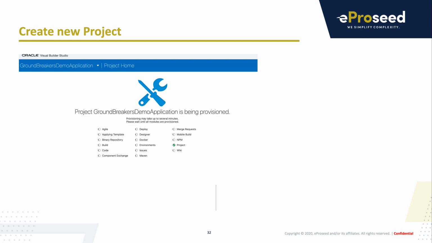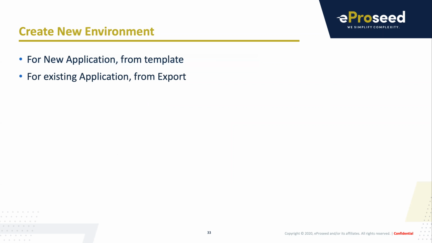So after the project is there, you need to create a new environment. You can create a new environment for a new application, but also you can create a new environment for an existing application. And I was very happy that this was possible, because I had several Visual Builder applications from the past, which I could now simply bring into Visual Builder Studio.